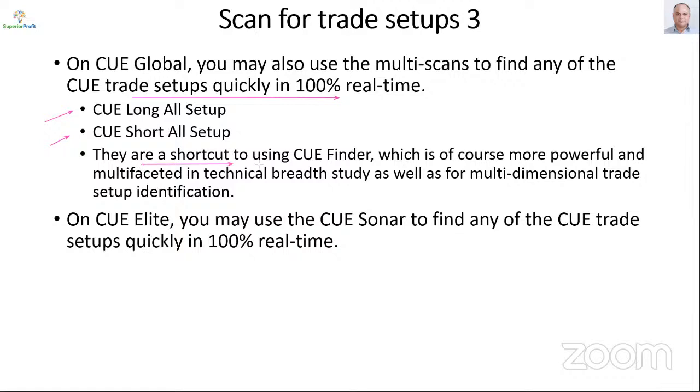They are a shortcut to using Q Finder. And of course, Q Finder is more powerful, multifaceted in technical breadth study, as well as for multidimensional trade setup identification using smart action buttons. Q Finder is of course much more powerful.